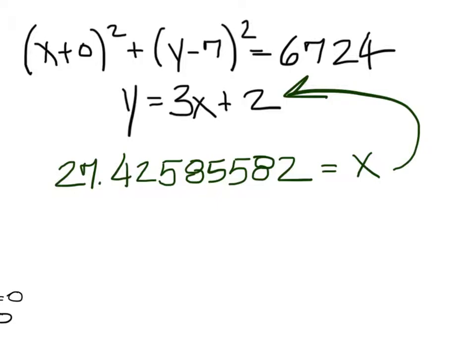Alright, if we do that, we have Y equals, and I'm substituting X with A, because on your calculator this is what we have stored in there. Y equals 3A plus 2, and that's what I'm going to do now.